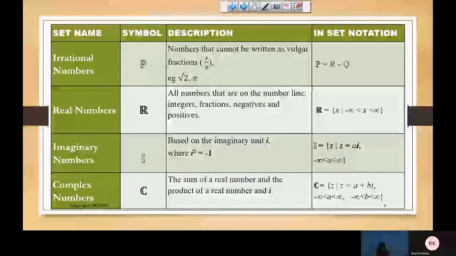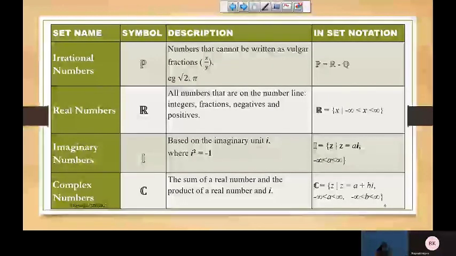Real, these are all the numbers that we know, really. Remember, we said there are imaginary numbers, but these are numbers that don't really exist in real life. So all the numbers that you know, all the numbers that occur on the number line are real numbers. Whether they're integers, fractions, negative or positive, or even 0 itself is a real number.